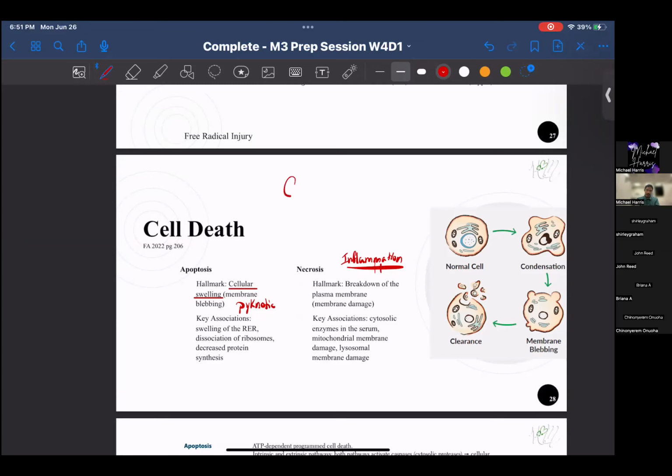With CD8 cells, do you have apoptosis or do you have necrosis?